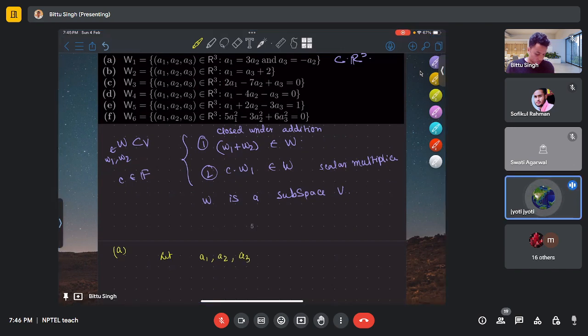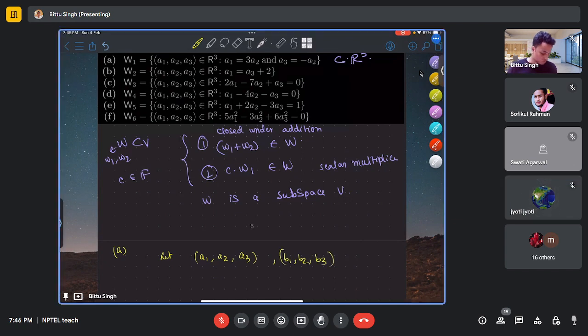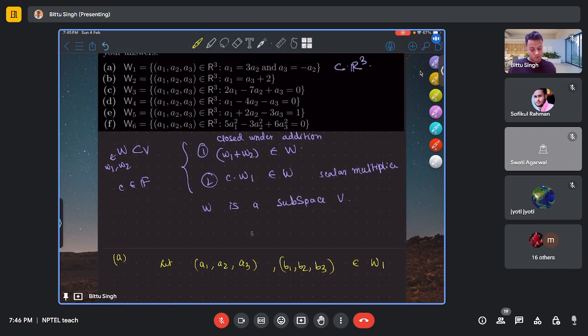Yes, sir. W1 is closed under addition and scalar multiplication also. Okay, great. So let us check those two elements from R3. Now, those two elements from W1. Now we'll check that their addition must be in W1 and their scalar multiplication must be in W1.